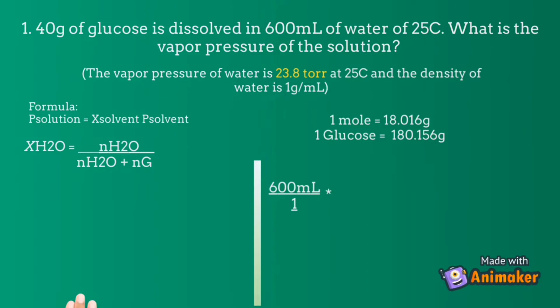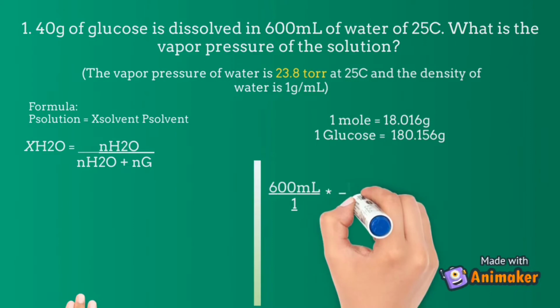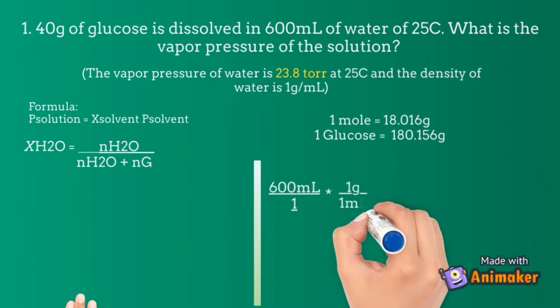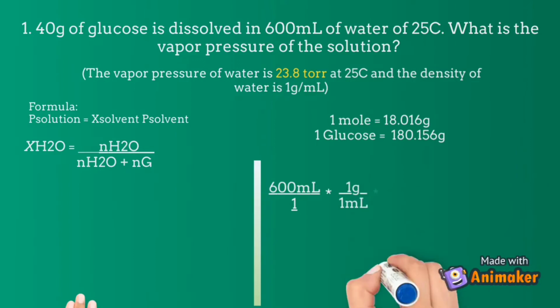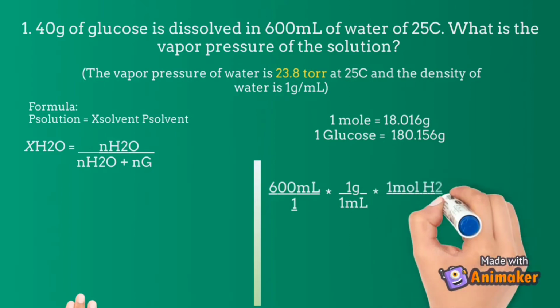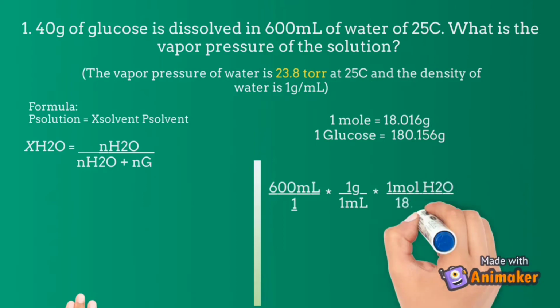So, 600 ml over 1 times 1 gram over 1 ml, because 1 ml is equivalent to 1 gram, times 1 mole over 18.016 grams.